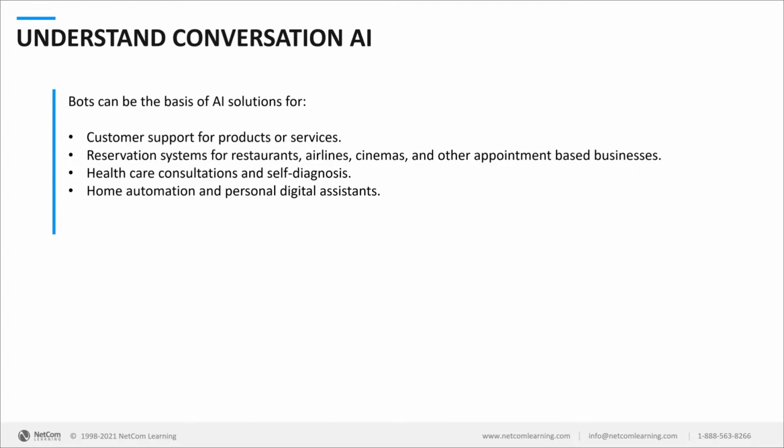But the bots can be used for a number of different things. So customer service support, products and services, right? You go on and you're searching for information, and one of the options is start a chat for support. Well, you click on the chat, and it will try to figure out from certain keywords what you're looking for, or you'll be prompted with different topics.